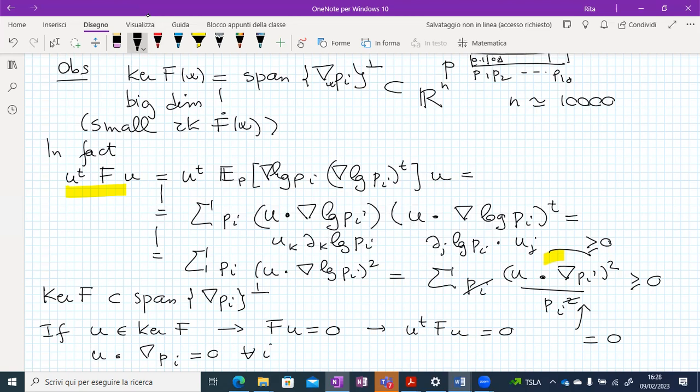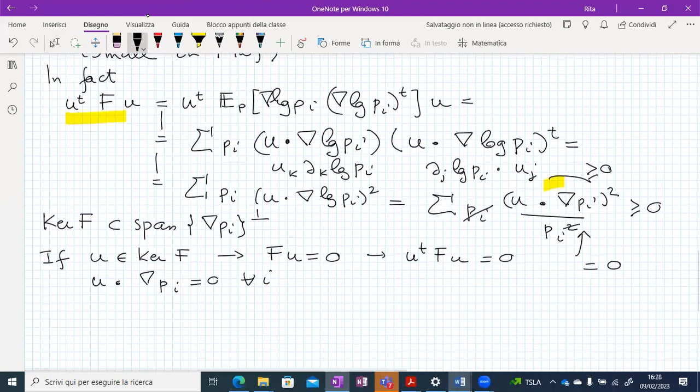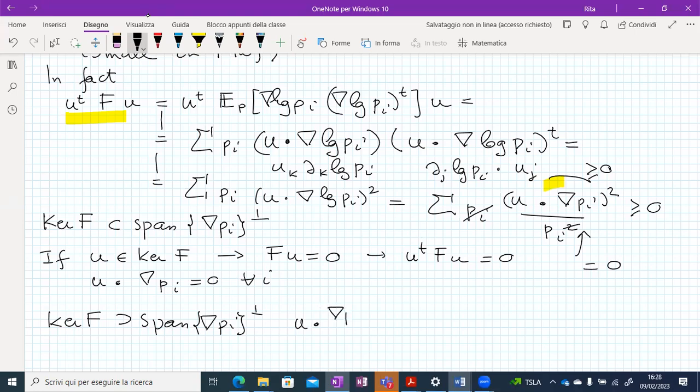Now the vice versa is very similar, because now you show that the kernel of F contains the span. There is a purpose to this, because there are some geometers among us that are listening to me, and I'm talking to them especially. So how to prove the other way around? Suppose that u times the gradient of P_i is 0.